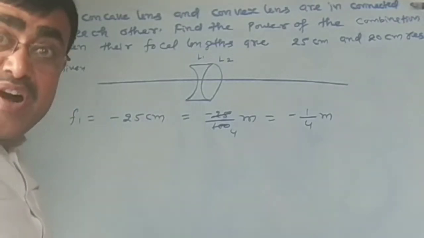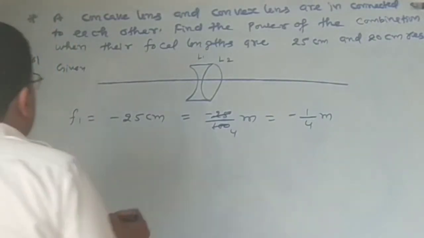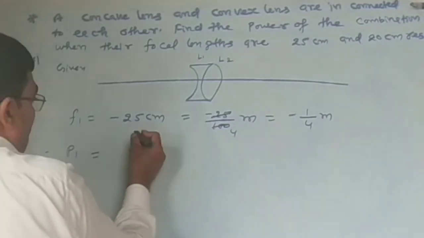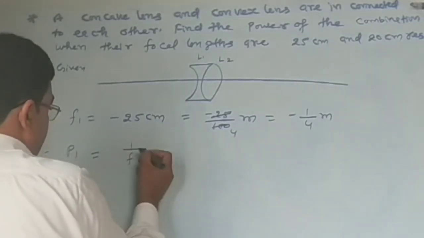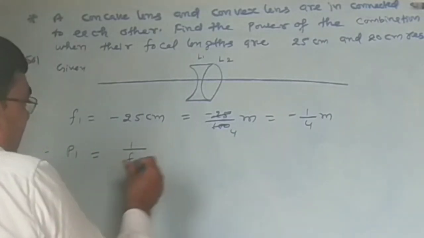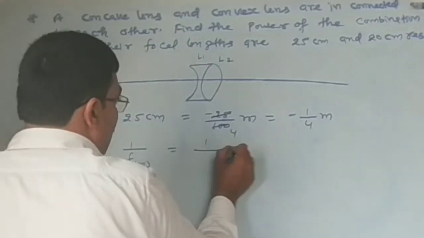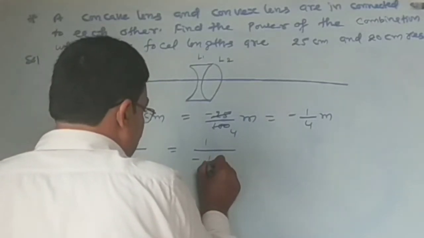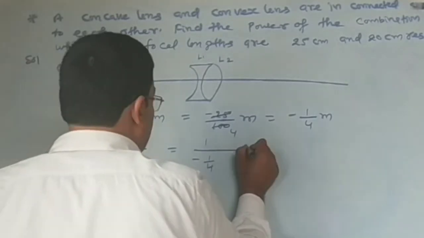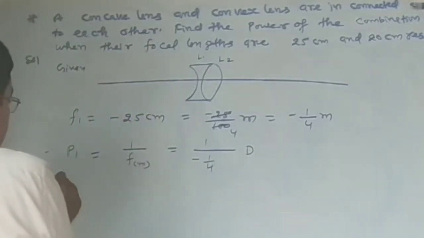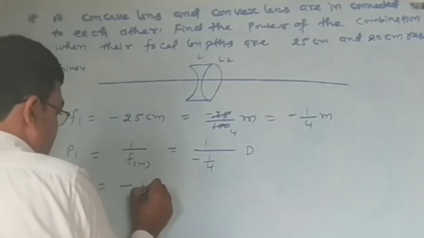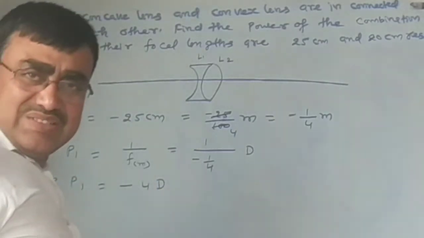Okay, if P1 is the power of concave lens, therefore P1 is equal to 1 by F in meter. That implies 1 by minus 1 by 4 diopter. That implies P1 is equal to minus 4 diopter.